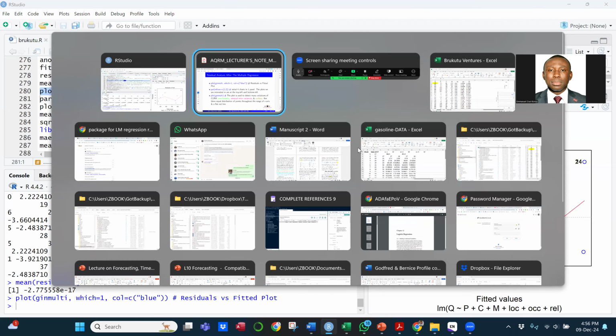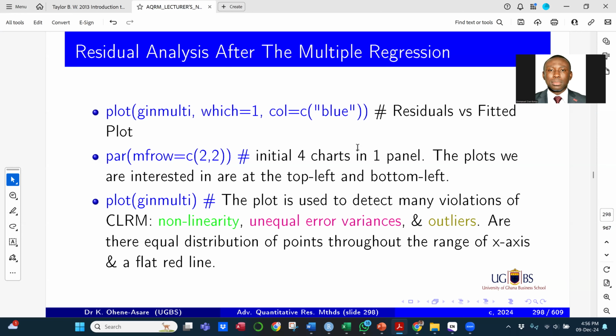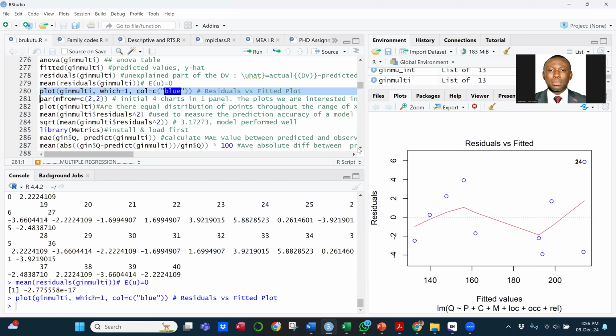Yes, Emmanuel. Doug, from the plot on the screen, is the residual the blue dots or the red line? Okay, so the fitted is the red line, the dotted line. And then the residuals are the blue dots.